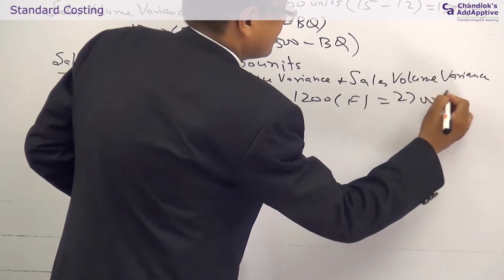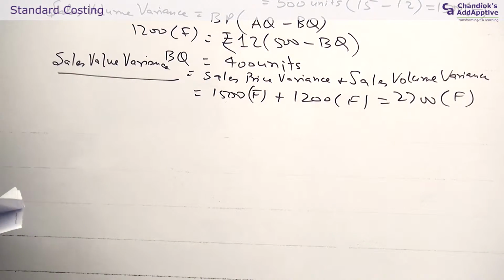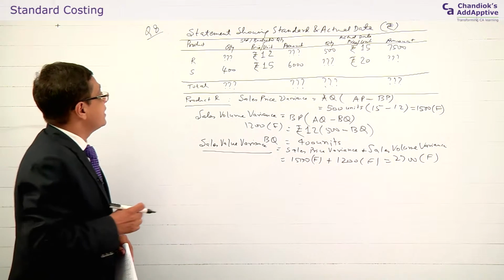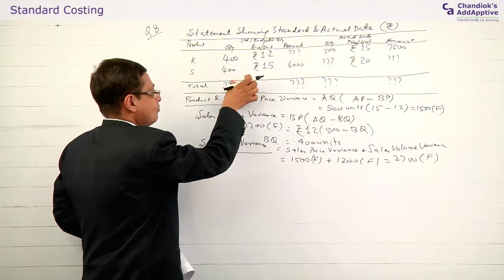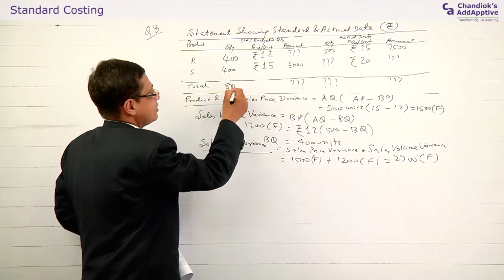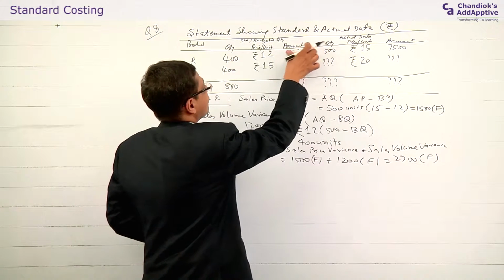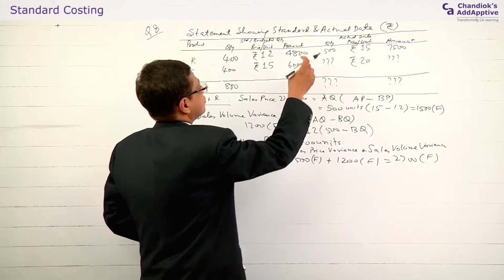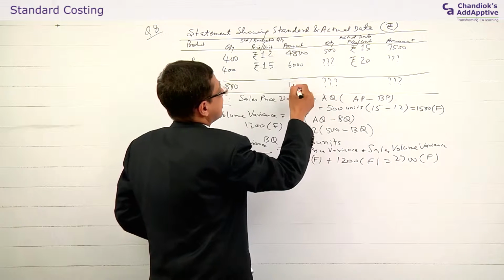So, this becomes 2700 favorable. So, now you have got data. So, please put 400 here, this becomes 800, right. So, 400 into 12, now this is 4800. So, 4800 and 6000, this becomes 10,800, right.